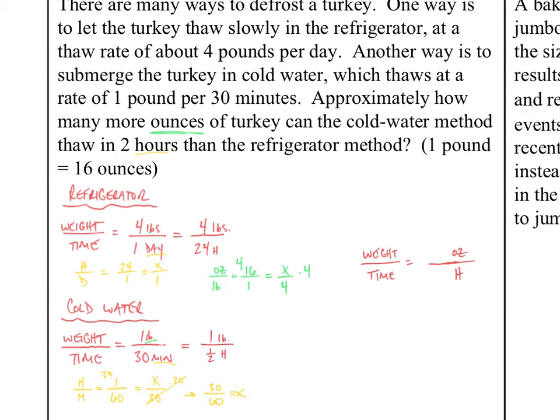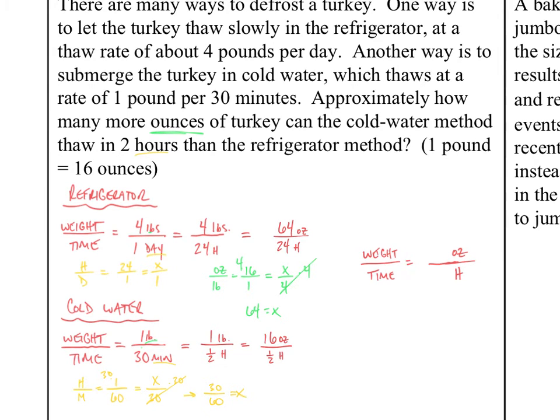That's a quick multiplication there. So I can rewrite this top ratio then as 64 ounces per 24 hours. And the bottom one, you could do the exact same way, but remember, 1 pound is 16 ounces, so that's a pretty quick substitution there.